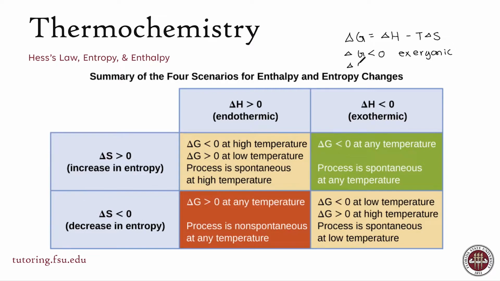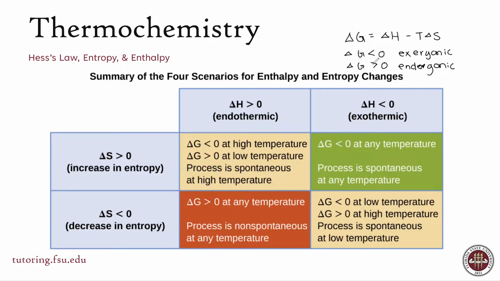And if delta G is positive, it's endergonic, and is non-spontaneous. And by spontaneous, it means that it's exergonic, it's going to release energy, and you don't need to add energy into the system to make this reaction or occurrence happen. So it is spontaneous, it'll happen on its own.